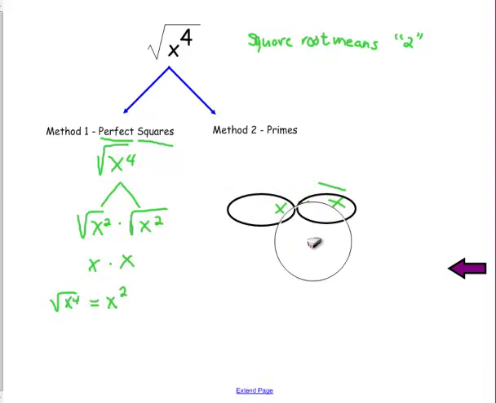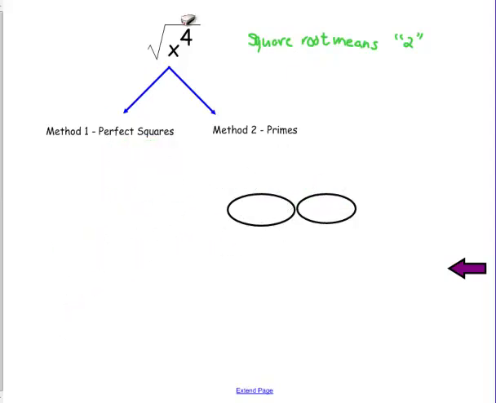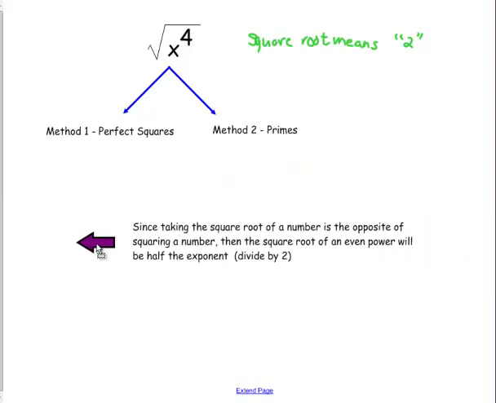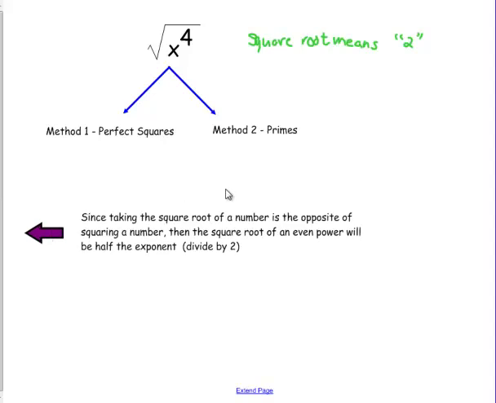All right, so we got a little side note here. Take your time, pause the video right here, and write this down. Since taking the square root of a number is the opposite of squaring a number, then the square root of an even power will be half the exponent.